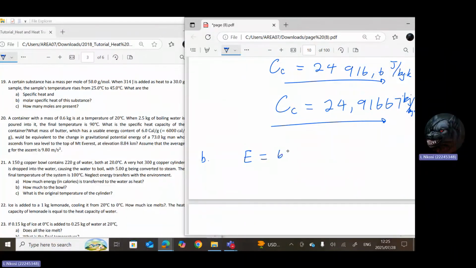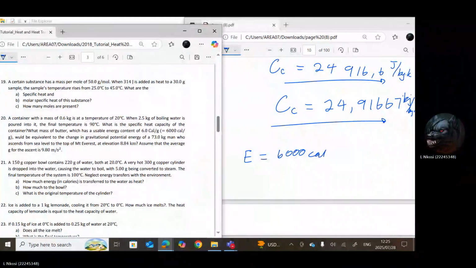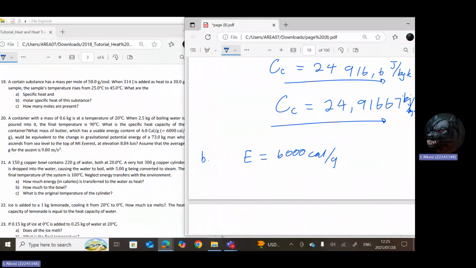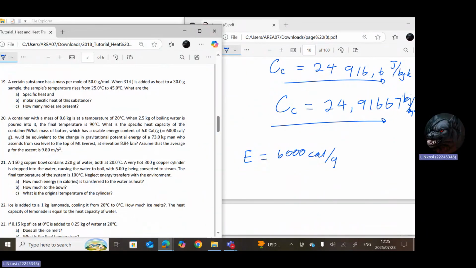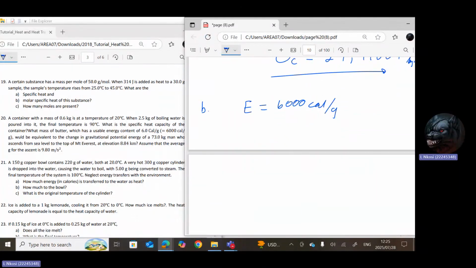The energy of the butter is 6,000 calories per gram, which would be equivalent to the change in the gravitational potential energy of a man.